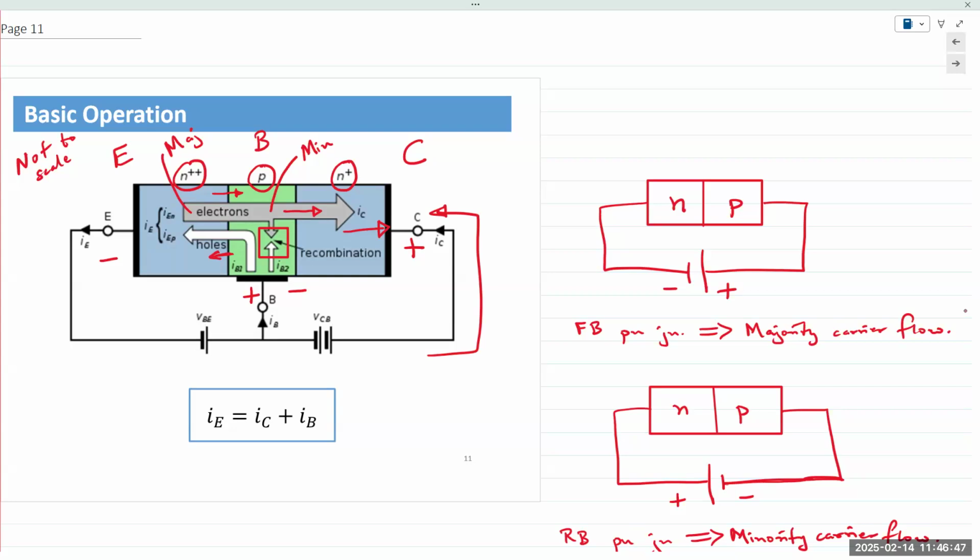Eventually, obviously, it exceeds and gets blocked. So current will flow. Yes, your point is correct that there are holes. The holes will move in response to the externally applied field. But because the number of holes is very low, because of the low doping, the current is always going to remain very small.